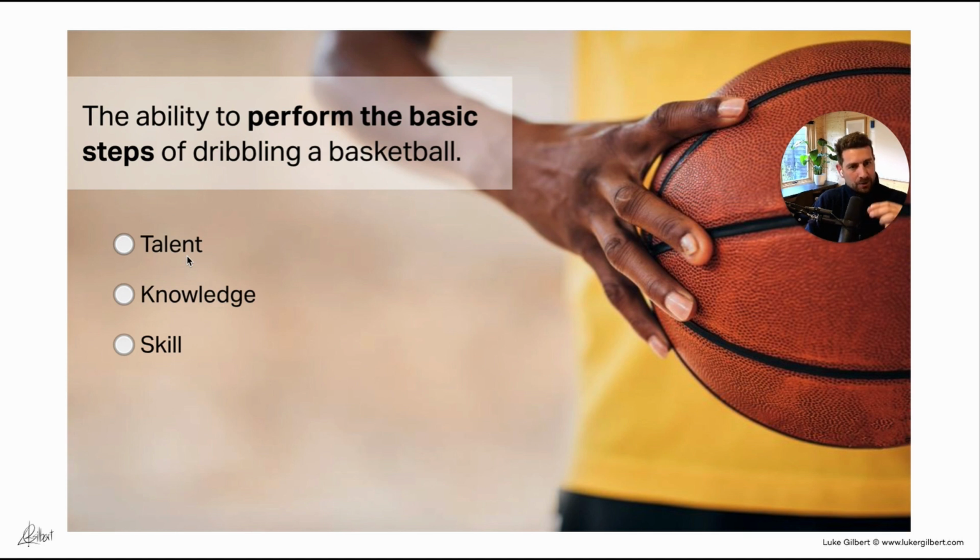You match that with then the skill of the dribbling and being able to go through the natural steps of what makes basketball really successful. Then with the knowledge of the rules, so you're within the boundaries of the actual game, that's where you get someone who's got a real strength of being able to perform in a basketball game. And so you can see the secret sauce of it all coming together.